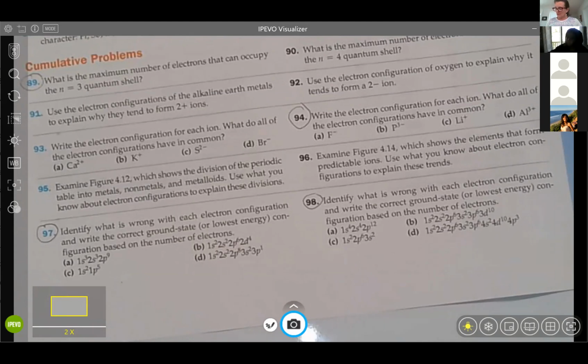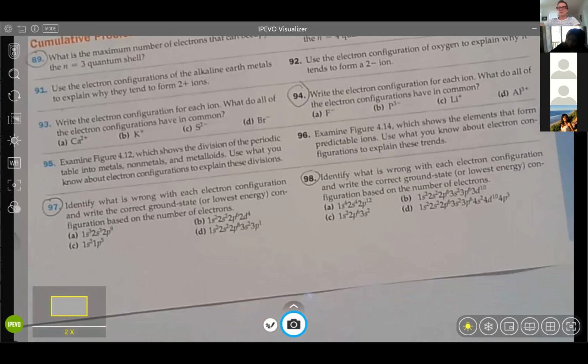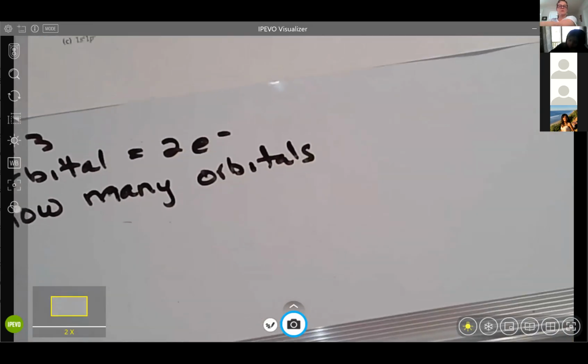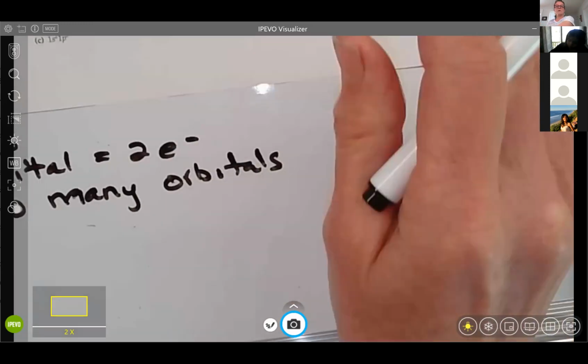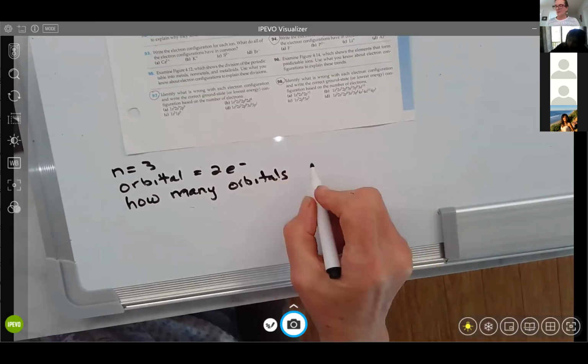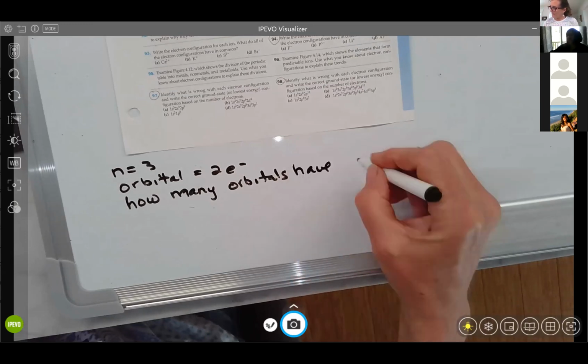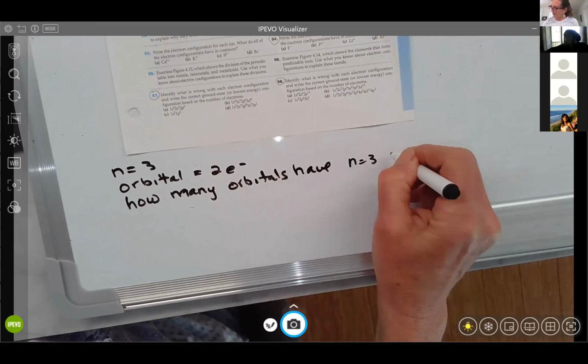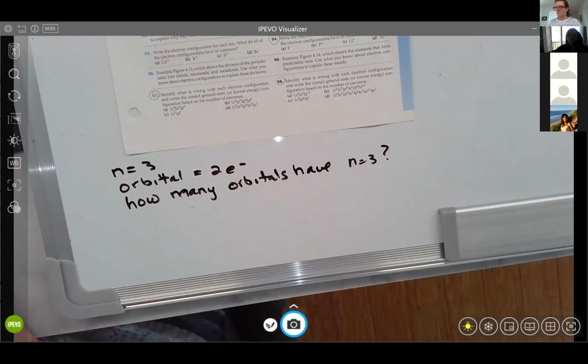So if we know the total number of orbitals with n equals 3, then we can calculate the number of electrons. So how many orbitals have n equals 3 as their quantum number? What are the orbitals with n equals 3? What are their names?